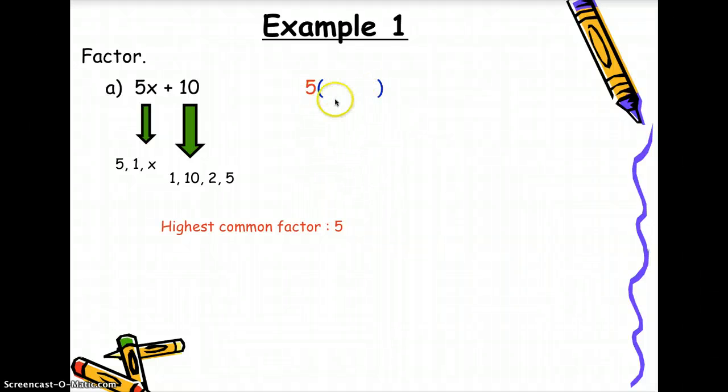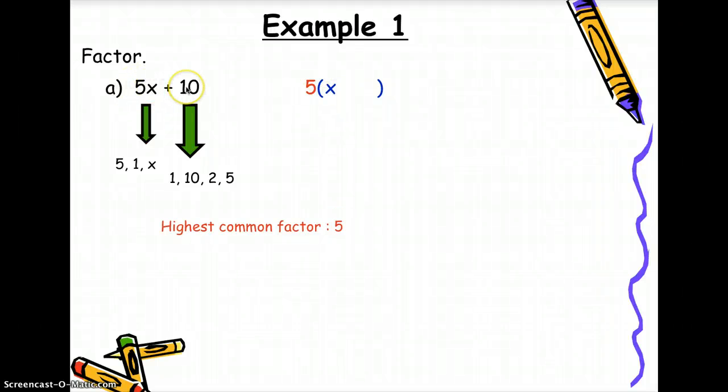The next thing that you need to do is, 5 times what is going to give you 5x? Or 5 times blank is going to give you 5x? And it's x. We are now done with the first term.